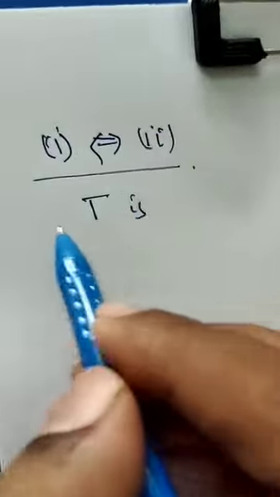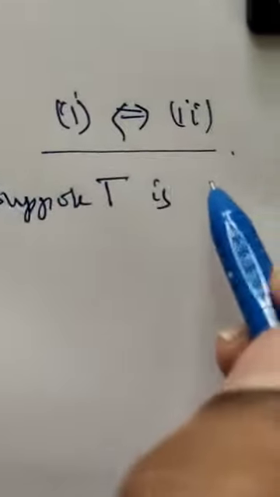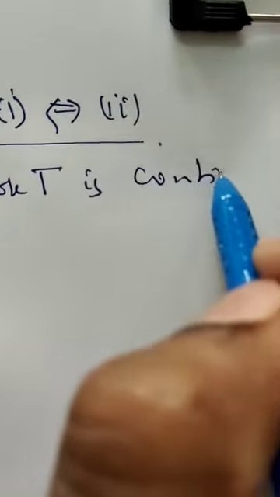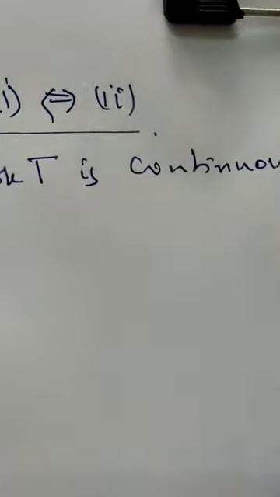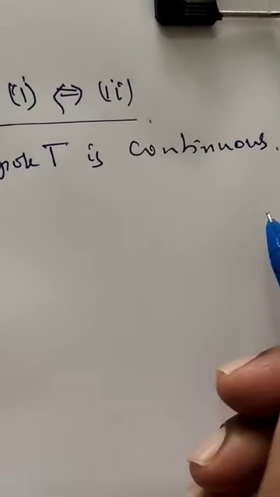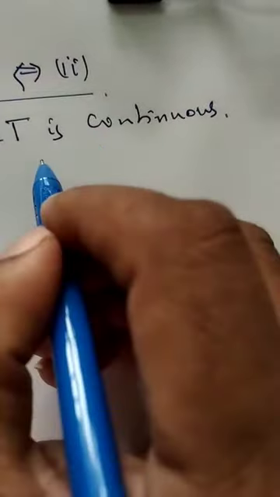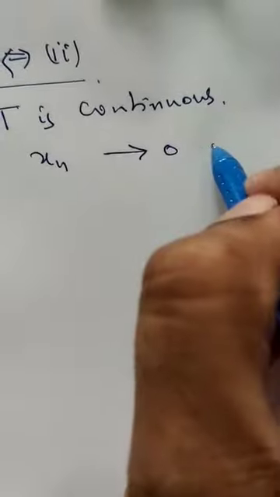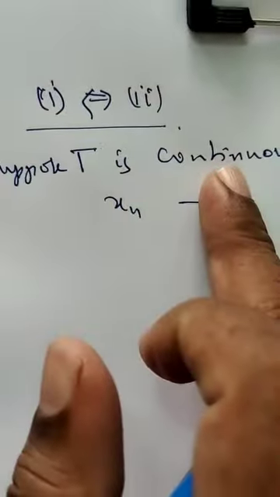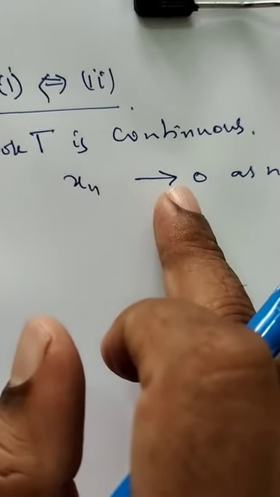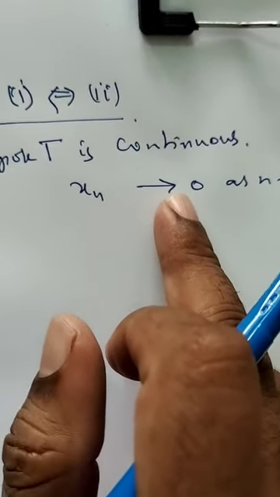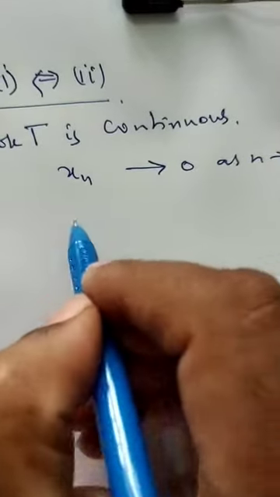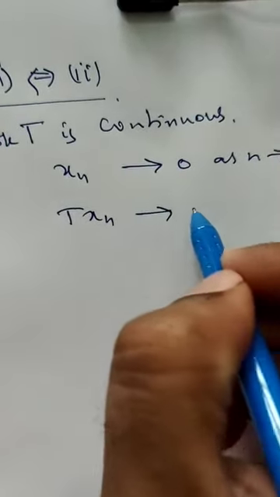What does 1 mean? Suppose T is continuous. We need to show T is continuous at the origin. Let xn be a sequence in X such that xn converges to 0 as n tends to infinity. Since T is continuous at every point of X, by the definition of continuity, this implies T of xn converges to T of 0.